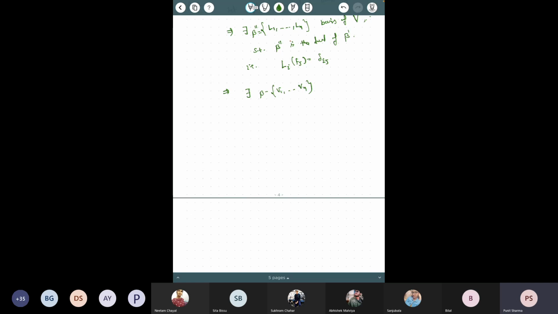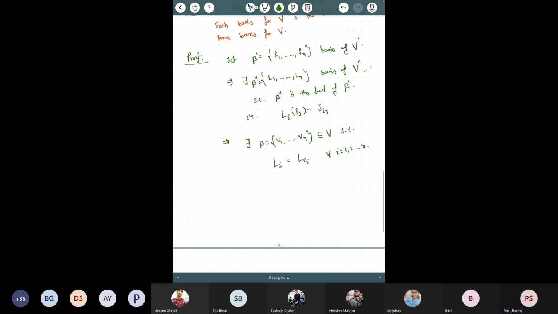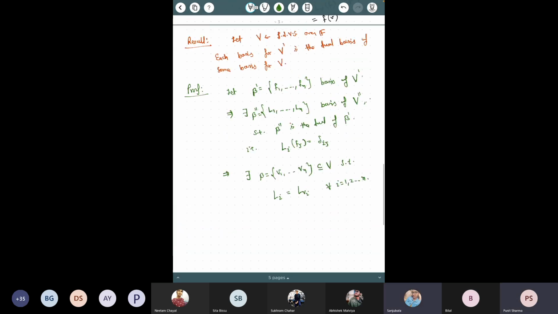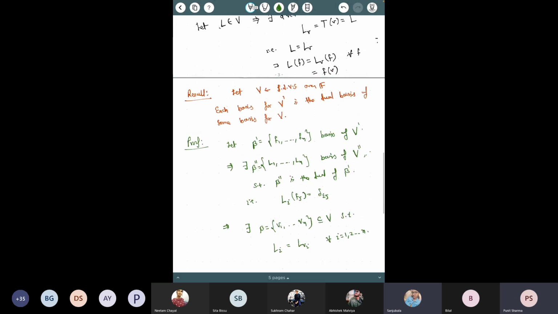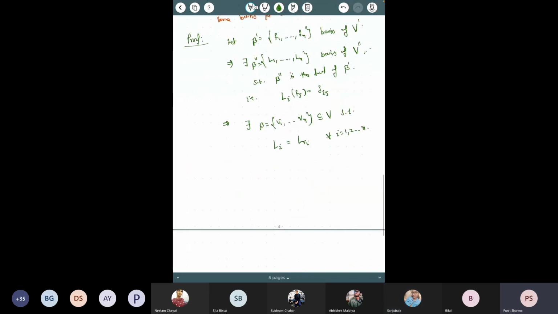Let me call this set B. I don't know whether this is a basis or not, but I know that there exist vectors V1 to Vn, a subset of V, such that Li is equal to L subscript Vi for all i equal to 1 to n. Is it okay? Yes, this is because of the observation we just made, because of that isomorphism.